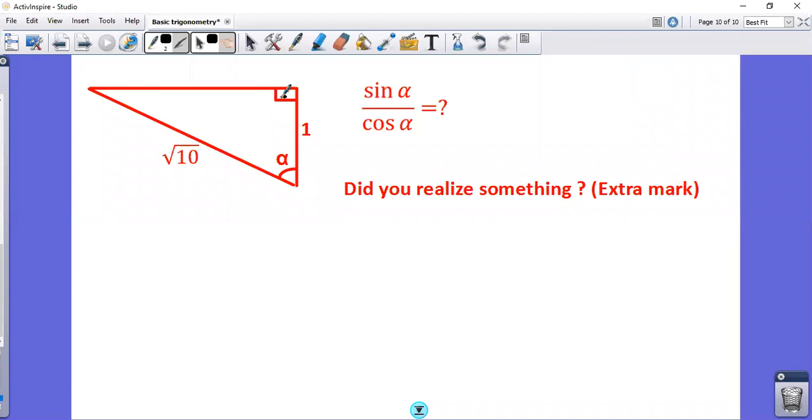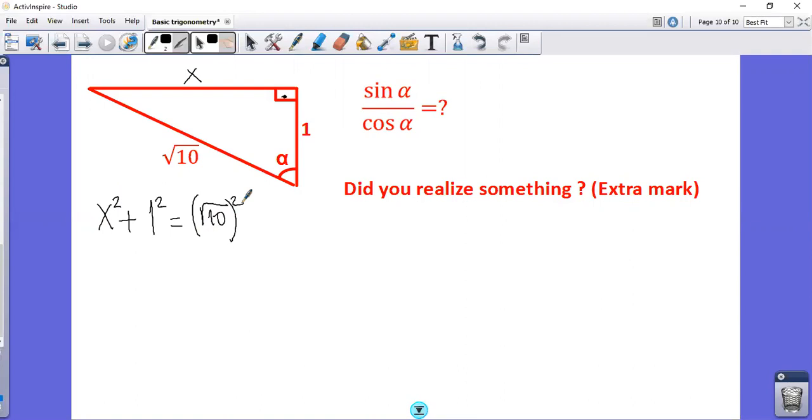All right. So let's say that the length of this side is x. We have to find x first. So by the Pythagoras theorem, x squared plus 1 squared is equal to root 10 squared.